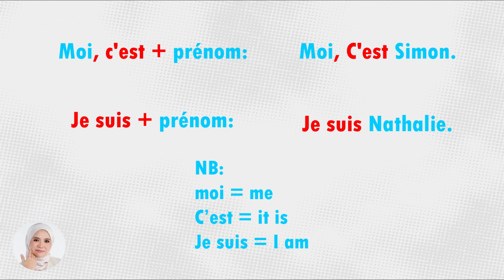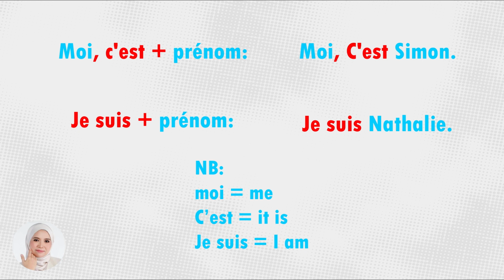Right. Now, this is another version. So you have here, moi, c'est. Now, this one, c'est, is pronounced as c'est, not chess, and it means it is. It comes from the verb être, which means to be, like the verb to be in English: I am, you are, he is, she is.